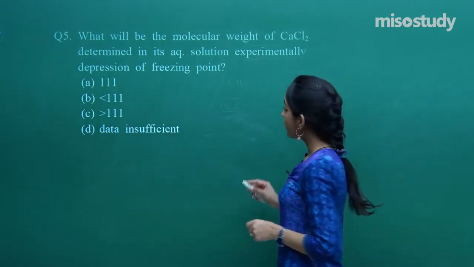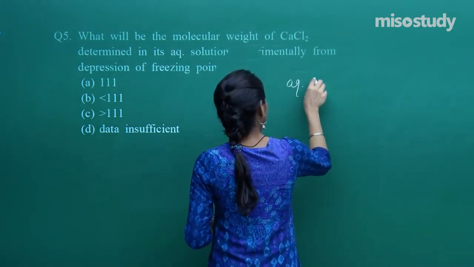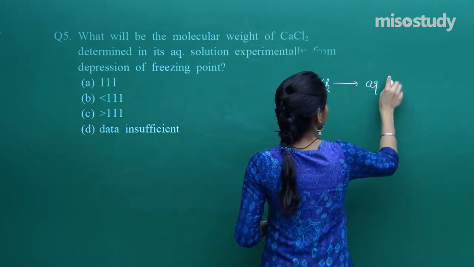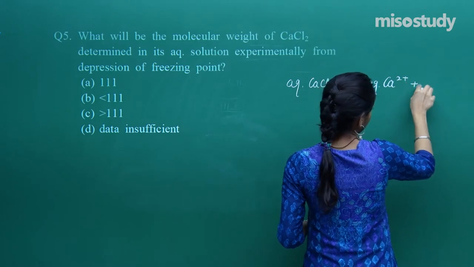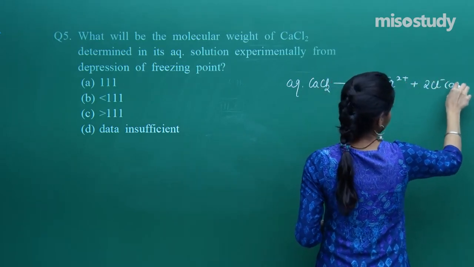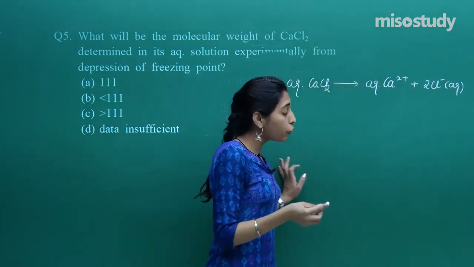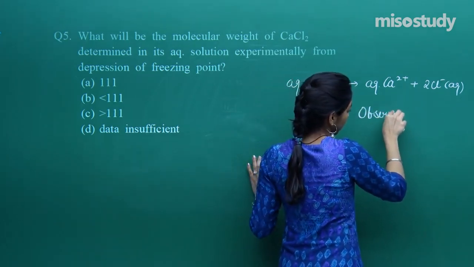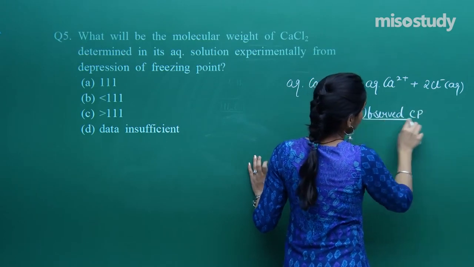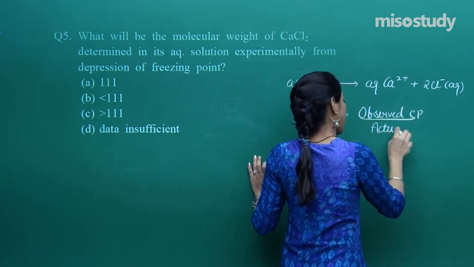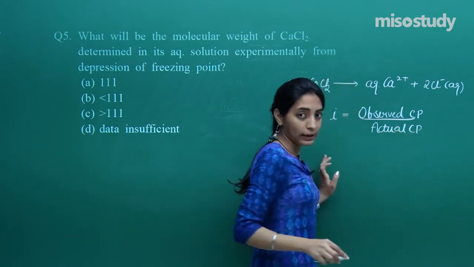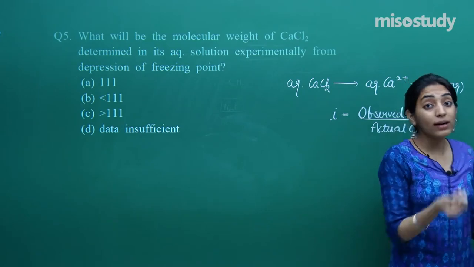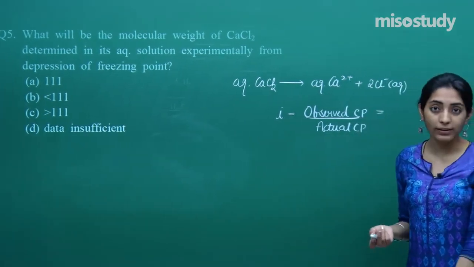When you are taking aqueous calcium chloride, it is going to give you Ca2+ aqueous plus 2 times Cl- aqueous. You know that i is the observed colligative property divided by the actual colligative property, whereas it has an inverse relation with the molar mass.